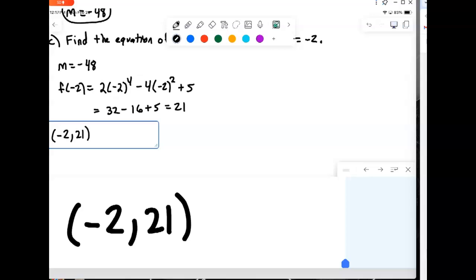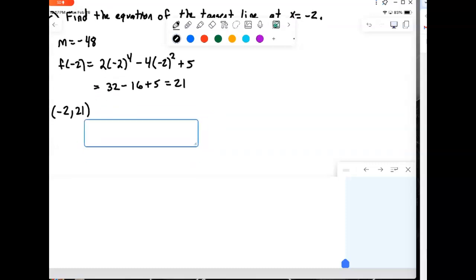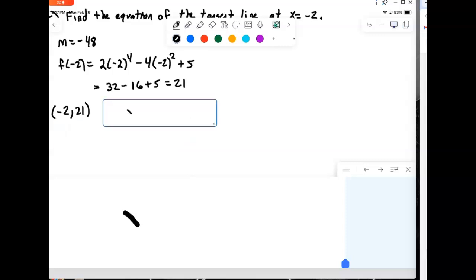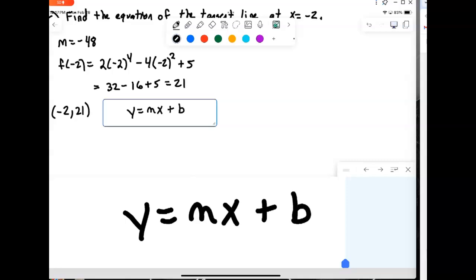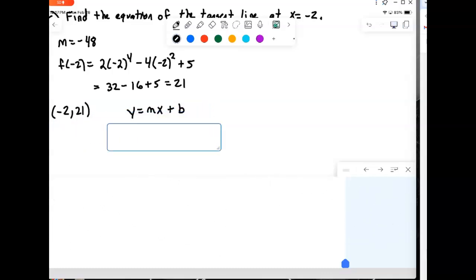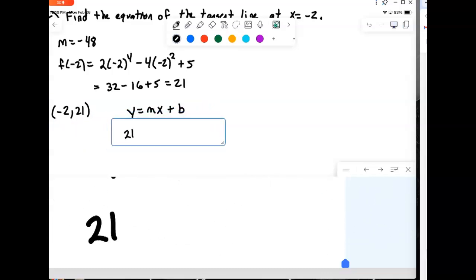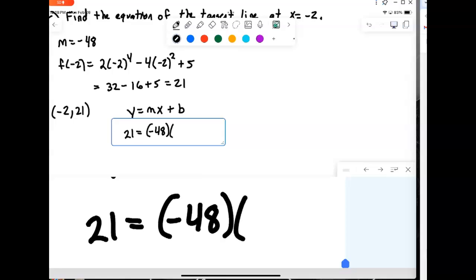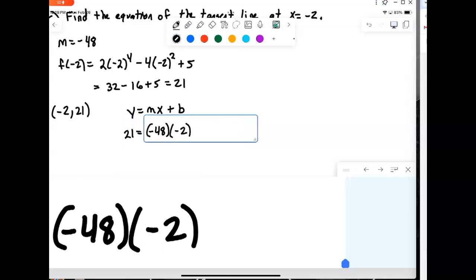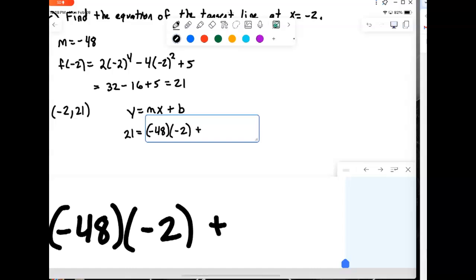And so now we're ready to find the equation of the line. So remember, that's when we go to our slope-intercept form, y equals mx plus b. And we plug our information in. 21 equals our slope, negative 48, times negative 2, plus b.